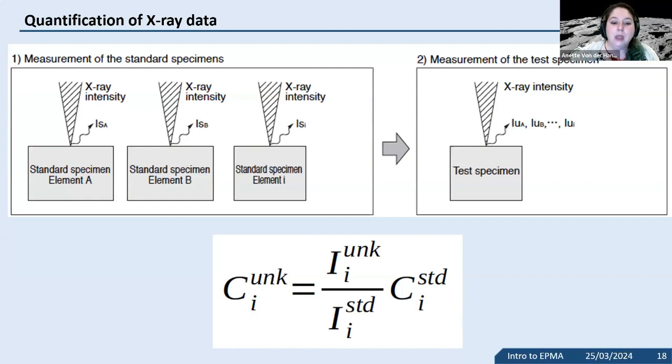So it essentially factors each other out, and likewise certain X-ray physics are also factoring each other out because they apply to the standard and the unknown. And this is why electron microprobe analysis is so accurate compared to other techniques.